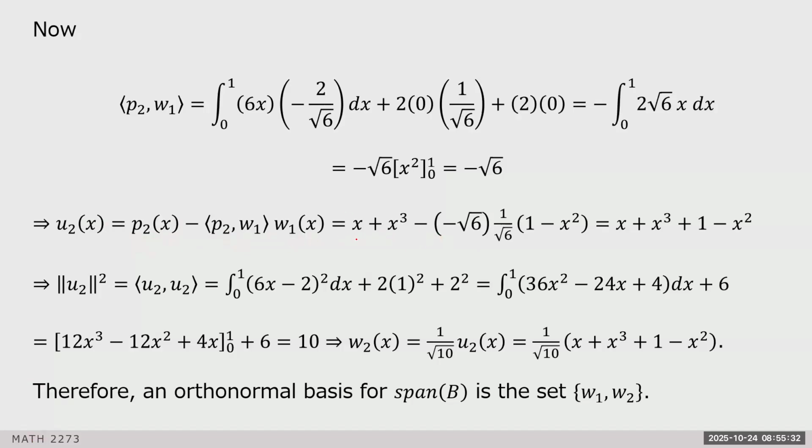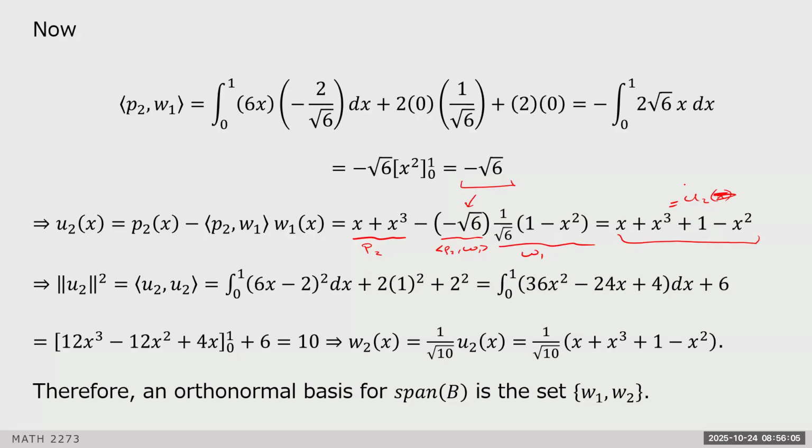So this guy here is P2. This guy here was the inner product of P2 with W1, so that's what we just worked out. And this guy here was W1, the polynomial W1 that we worked out. Okay, so simplify, and you get this polynomial. So this polynomial is U2, or you could say U2 of X. It doesn't matter if you do U2 or U2 of X, same thing.